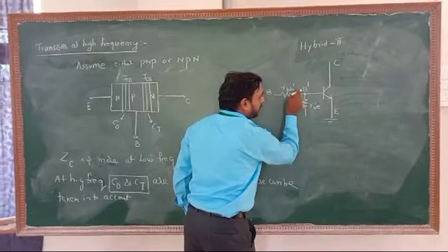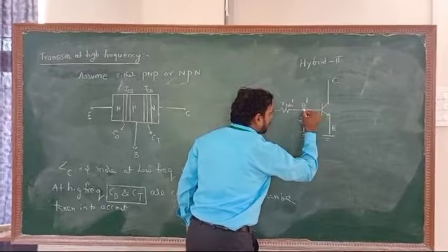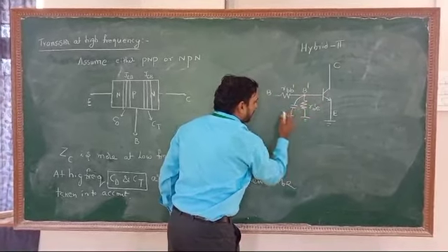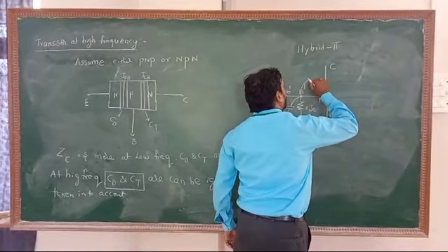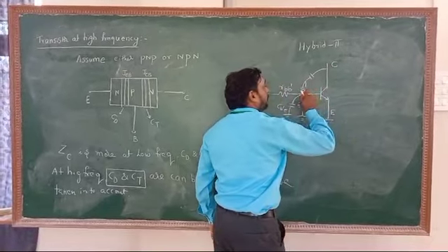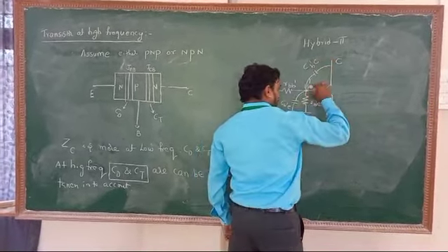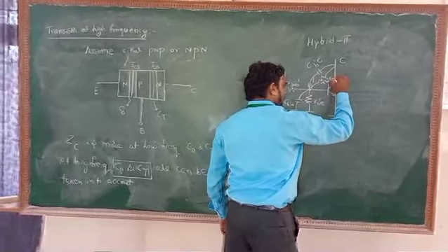The resistance between B dash and emitter is called rb'e. Similarly, the capacitance between B dash and emitter is called Cb'e. And one more capacitance between base and collector is called Cb'c. And one more resistance between B dash and C is called rb'c.